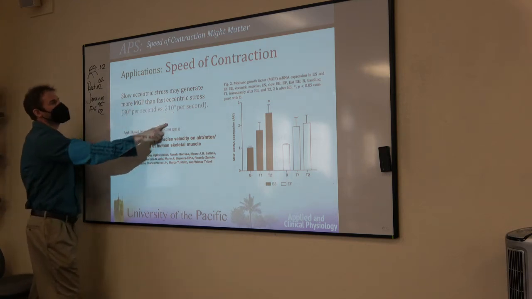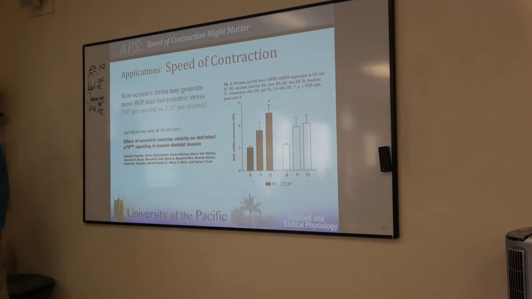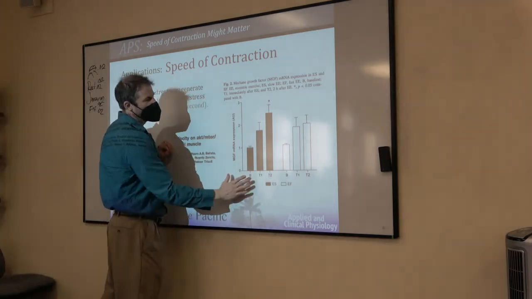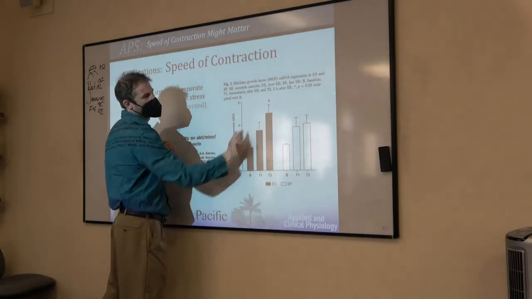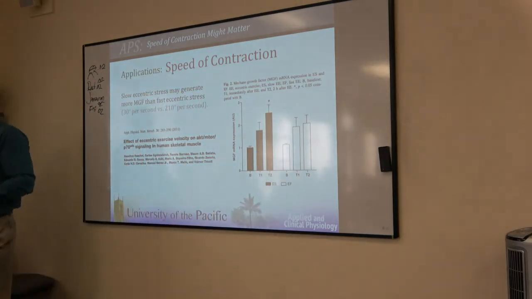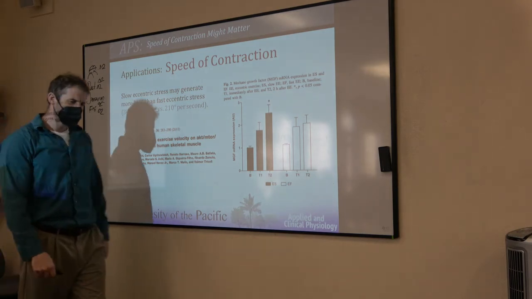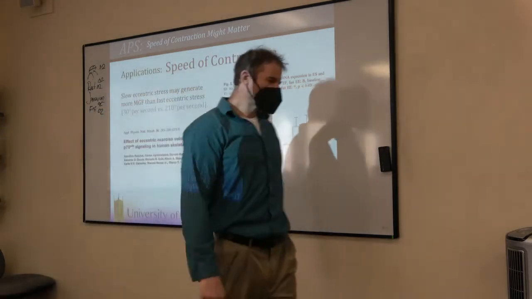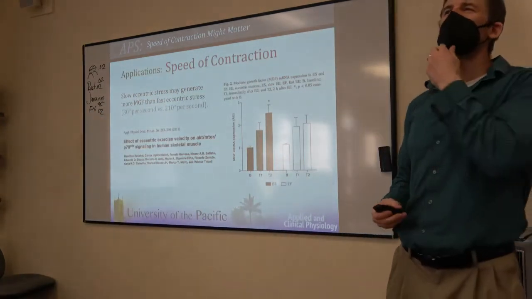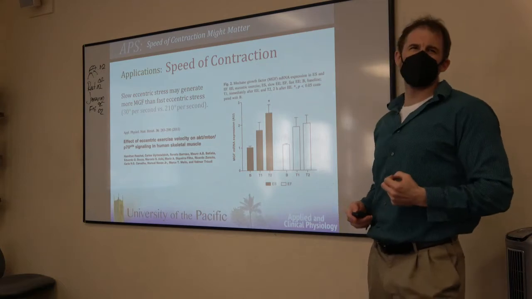So slow versus fast. Looking at MGF, mechano-growth factor, with eccentric loading slow compared to fast, there's evidence that slow resistance training, in terms of going down at a slower velocity, associates with more of a mechano-growth factor profile for response.